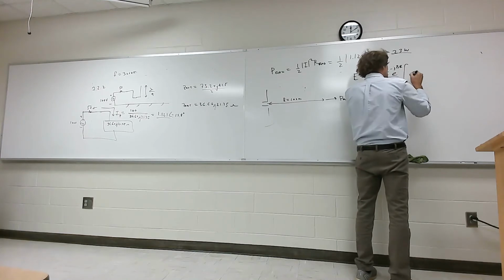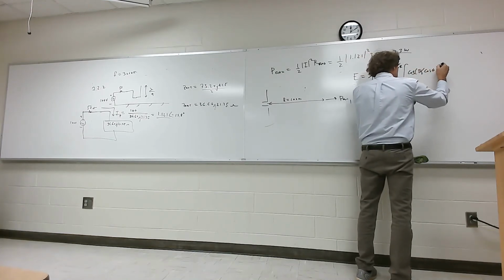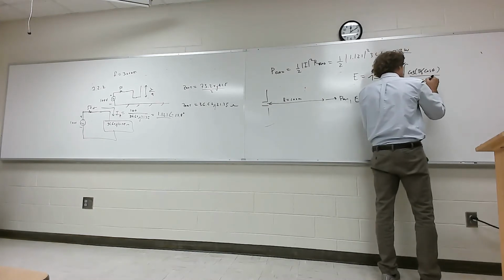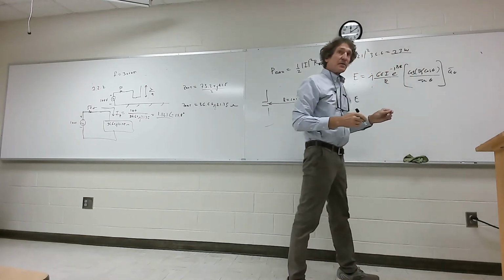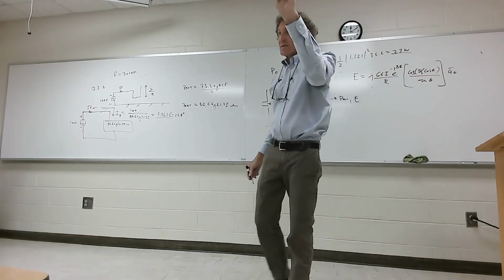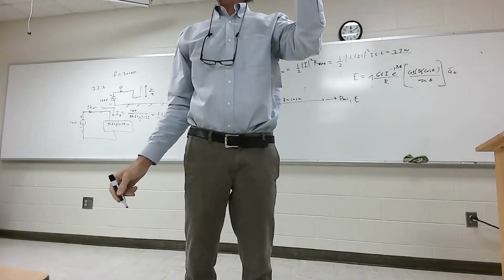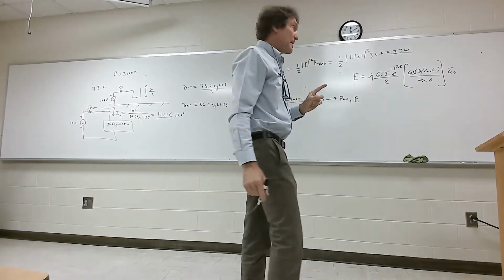And then there's the angular function, cosine of pi over 2 cosine theta, all over sine theta. And it would be in the a theta direction. Now this is in the far field. But I want to tell you, at 90 degrees, that function is 1. That's the nice thing. Got it? You don't have to worry about it being some weird number. It's 1. You don't have to calculate that.